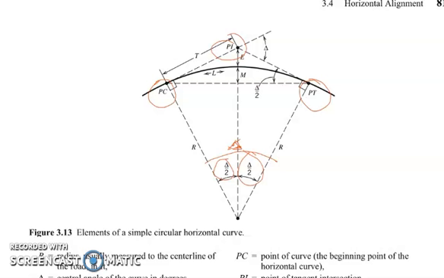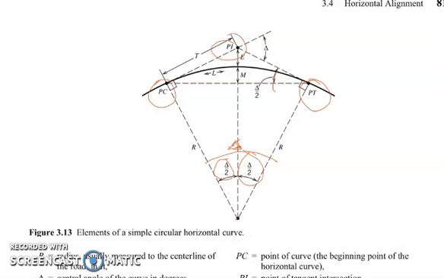And of course, the angle from the tangent line towards the horizontal line that connects PC to PT is equivalent to delta all over 2. And of course, we have the radius. We have the radius from the center towards this point.